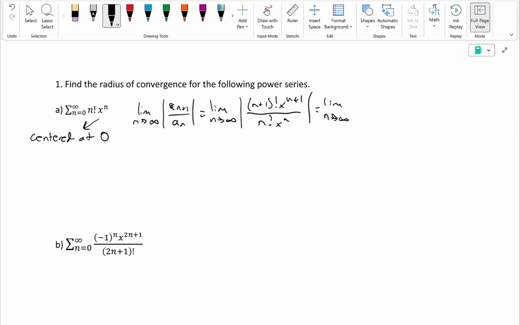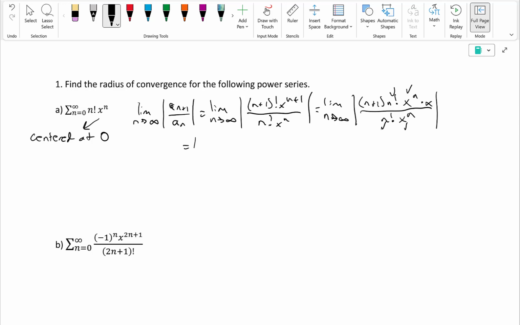Limit as n approaches infinity. The n plus 1 factorial we can think of as n plus 1 times n factorial. And the x to the n plus 1 we can write out as x to the n times x. In our denominator, we've just got the n factorial and x to the n, so both of those are going to cancel out with the factors in the numerator.